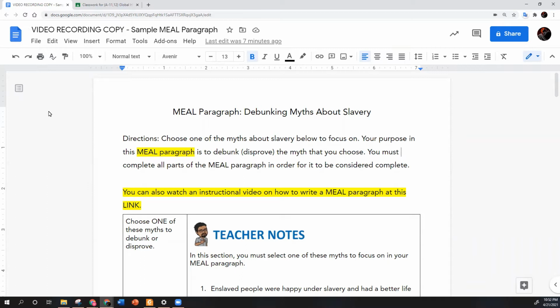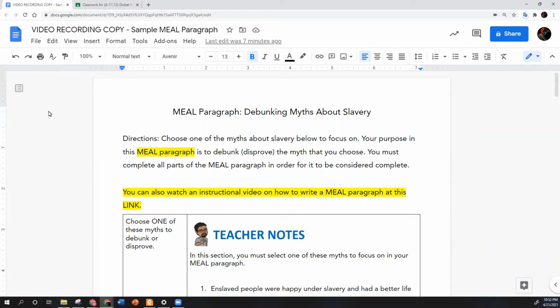It has more information on it than the ones you have to do your MEAL paragraphs on. But don't worry, the extra information is just to help with the video and to explain things when you are looking at the samples.